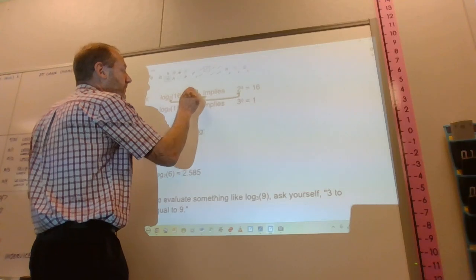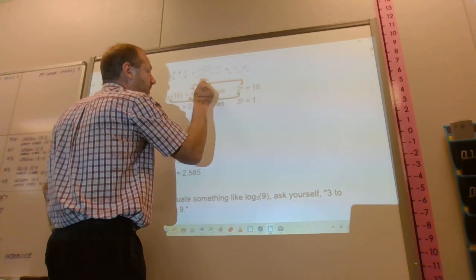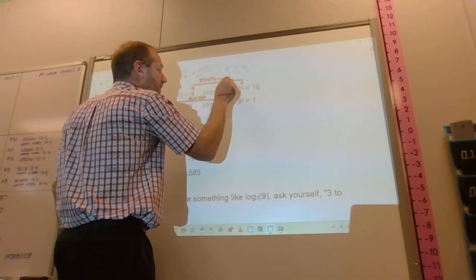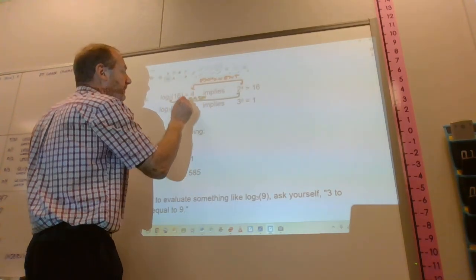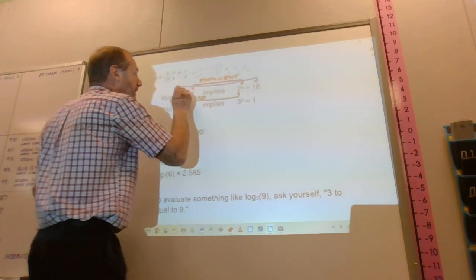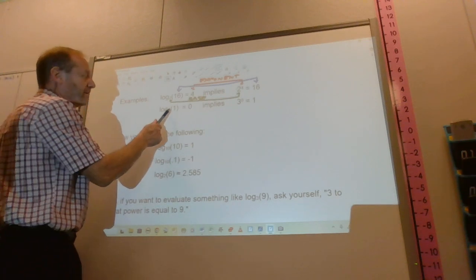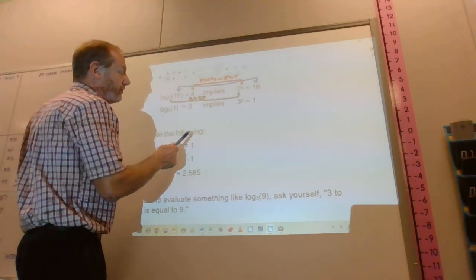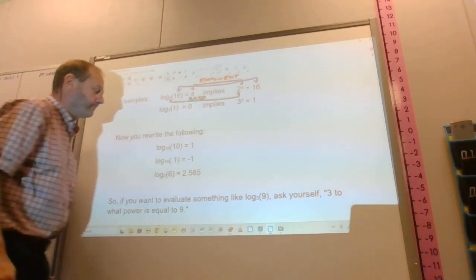Here's your exponent. And then this is your other number that goes together right here. Okay. So, log base 3 of 1 equals 0 implies 3 to the 0 power is 1.